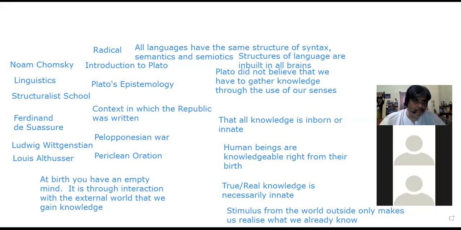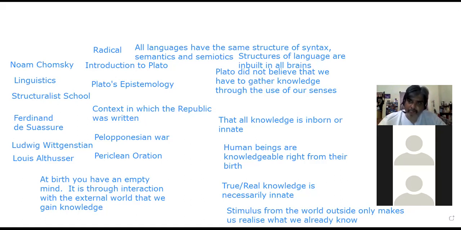Anyway, so to come back to Plato, Plato is saying the same thing about all knowledge. Just as Noam Chomsky said, structures of language are inbuilt and facilitate the learning of many different kinds of languages by one person.